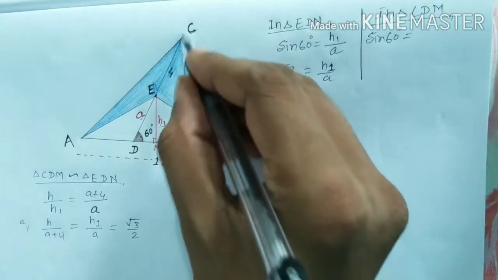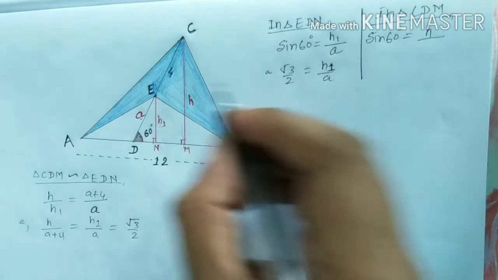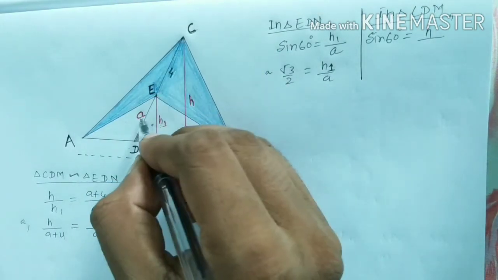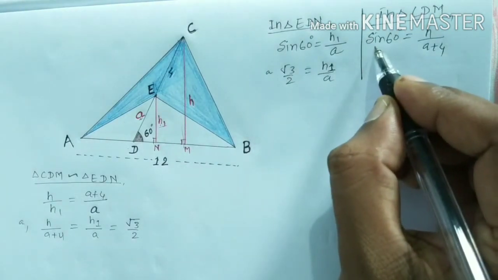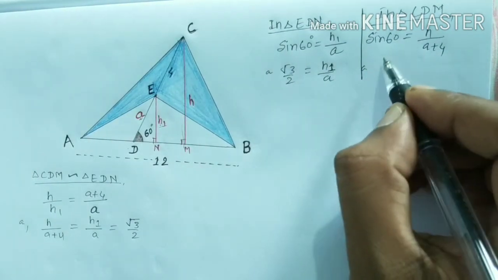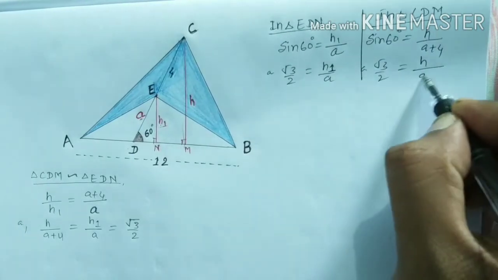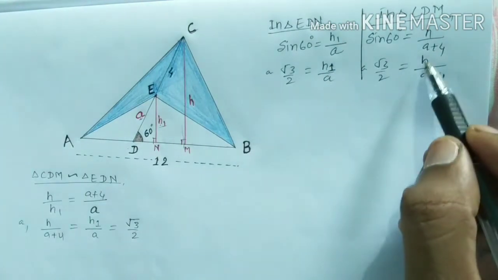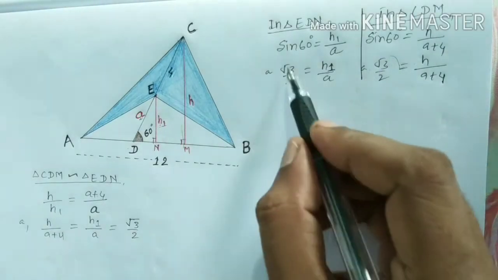The perpendicular is H, and the hypotenuse is the CD side, which has length A plus 4. The value of sine 60 is root 3 by 2, so root 3 by 2 is equal to H by A plus 4. So finally, as you can see, H1 by A and H by A plus 4 both have the same value, root 3 by 2.